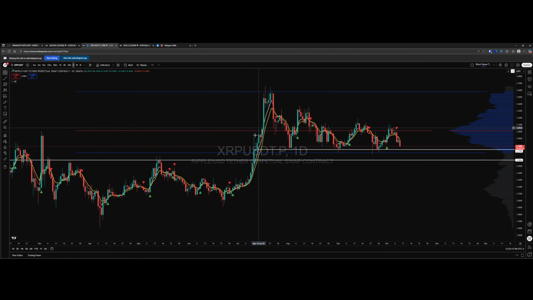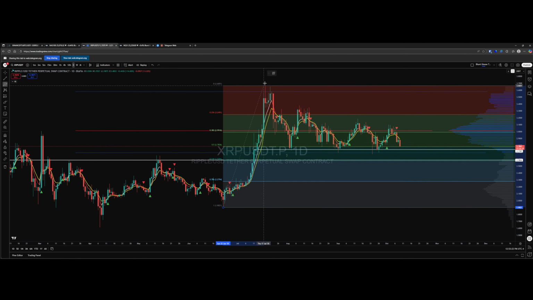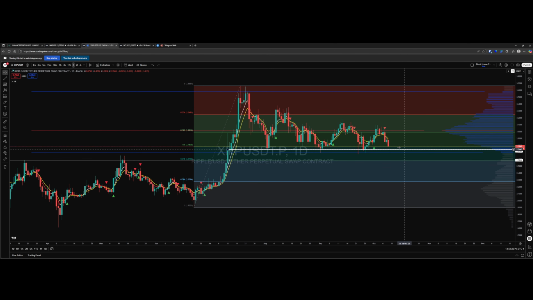So all of this exuberance, how much of it's been peeled away? Let's take this as the swing low, and this is the swing high, just real quick. Well, what do we believe in? Fibs, fractals, and filters.